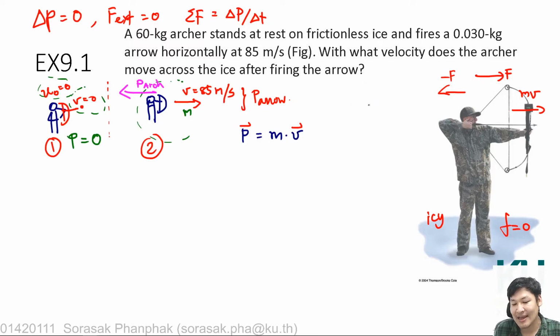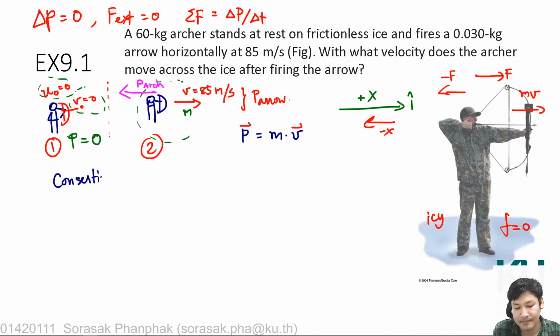If I state this direction as positive x, or the i direction, then if it has the negative sign, it goes backward, minus x. In this case, we can perform a scalar calculation, but remind you that momentum is a vector.